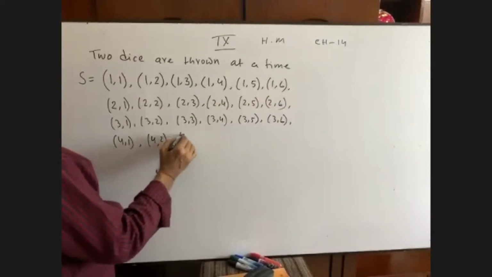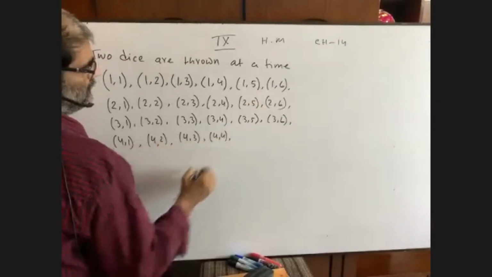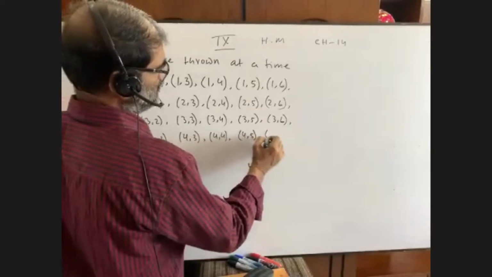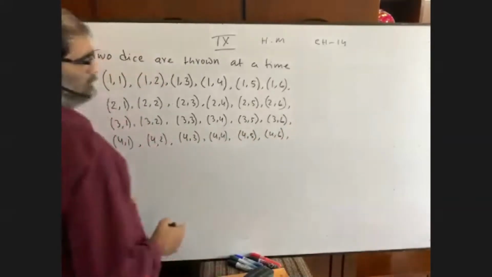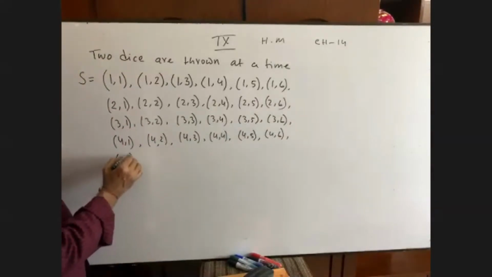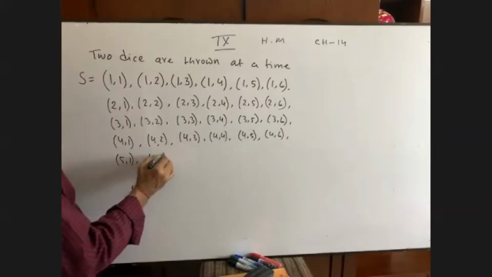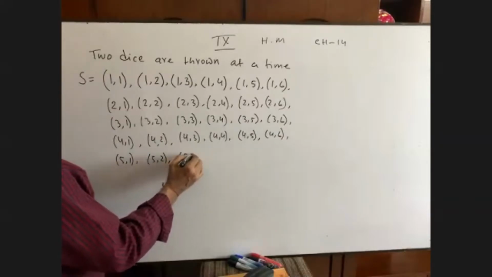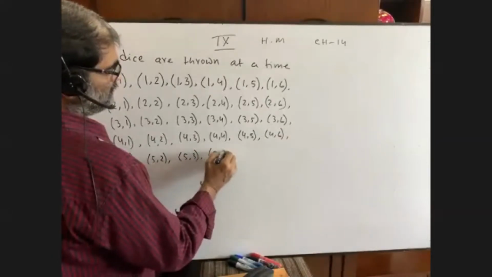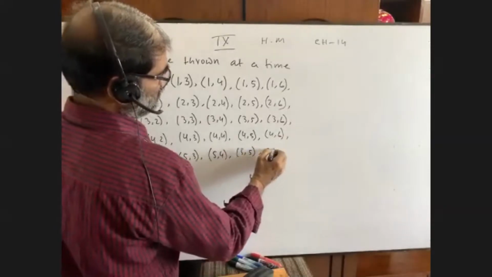4, 2, 4, 3, 4, 4, 4, 5, 4, 6. Then 5, 1, 5, 2, 5, 3, 5, 4, 5, 5, 5, 6.